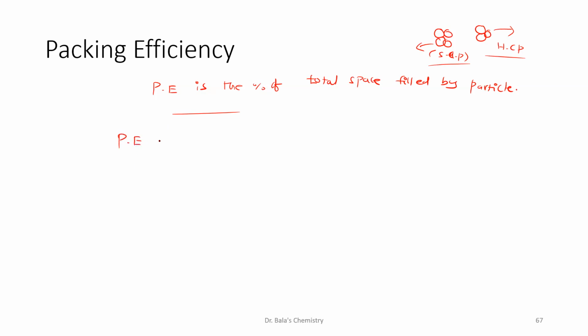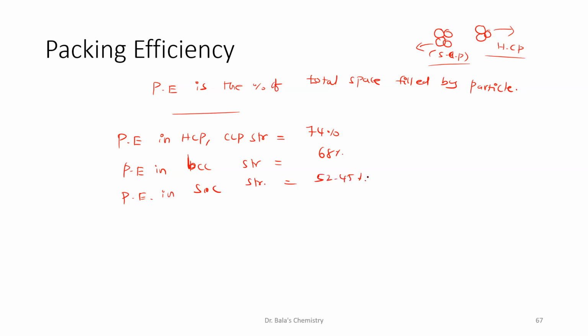Packing efficiency in HCP or CCP structure gives almost 74% efficiency. Then packing efficiency in BCC structure is almost 68%. The packing efficiency in simple cubic structure is almost 52.4%, almost below 53%.